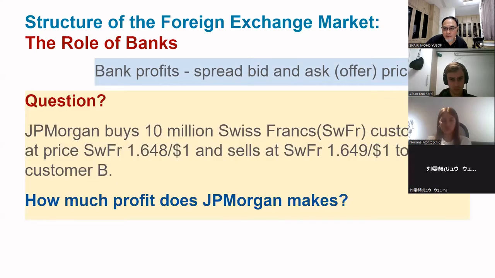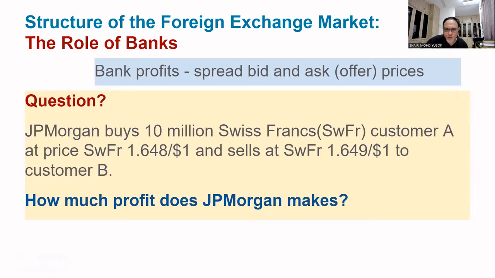Okay, let's do a small exercise. If you have a calculator, just punch some numbers and see how much, as a banker, assuming you're working for JP Morgan. The question is this: the bank buys 10 million Swiss francs from customer A at this price.